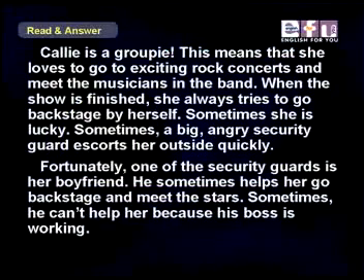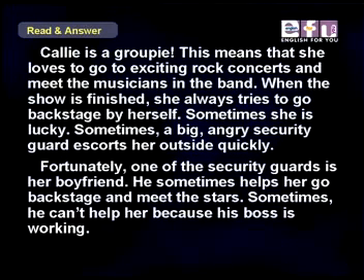Read and answer. Callie is a groupie. This means that she loves to go to exciting rock concerts and meet the musicians in the band. When the show is finished, she always tries to go backstage by herself.